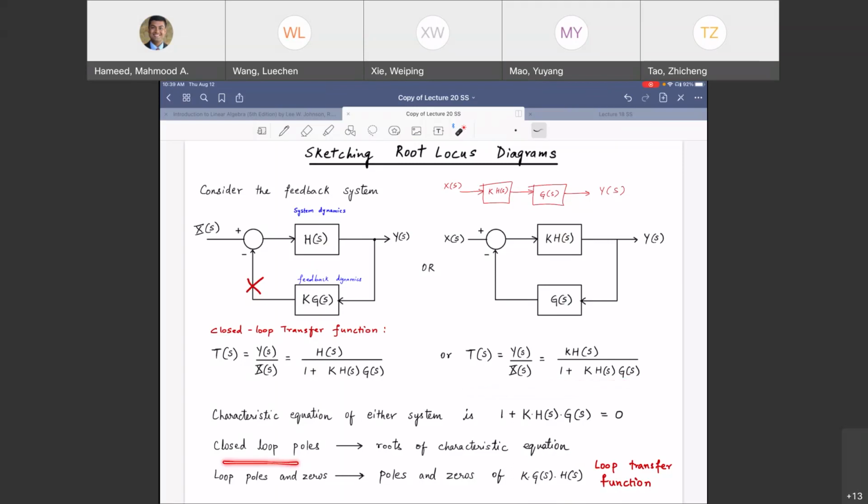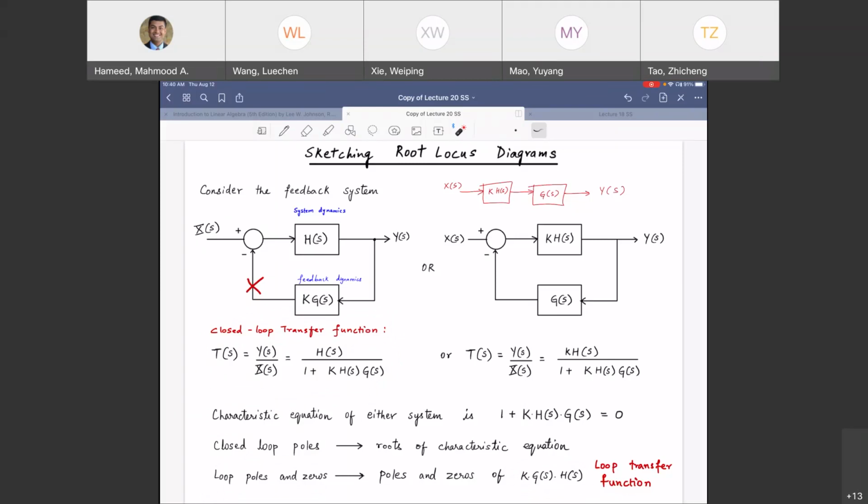Now, closed loop transfer function, closed loop poles. What are closed loop poles? Well, the closed loop transfer function will give you closed loop poles. Loop poles and zeros will be for the loop transfer function. The zeros and the poles of the loop transfer function are going to be called loop poles and zeros. The zeros and the poles of the closed loop transfer function are going to be called closed loop poles and zeros. So when you're talking about closed loop stability, you are looking at the closed loop poles.